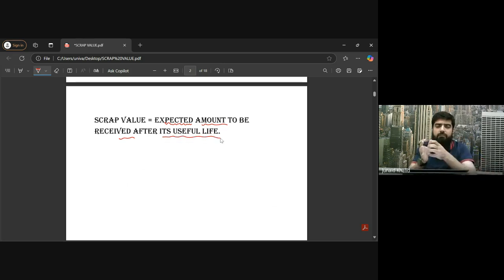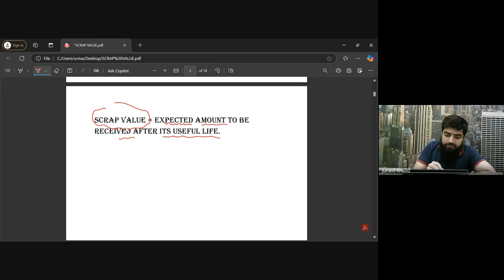For example, if I bought a property, plant and equipment, let's say a machine or an equipment, and the life of this asset is 5 years, it means that after the useful life, that is after 5 years of being used, what is going to be the scrap value? It's an expected amount to be received. It means the amount we will recover after its useful life is known as the scrap value.